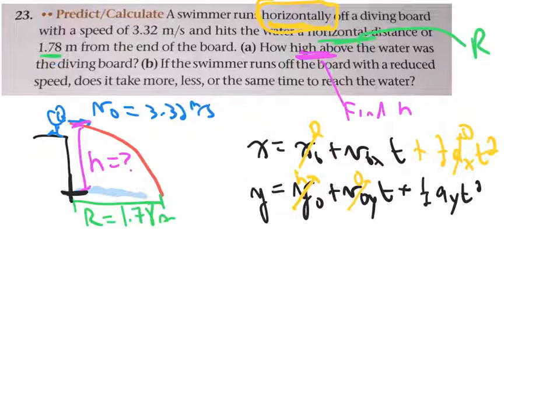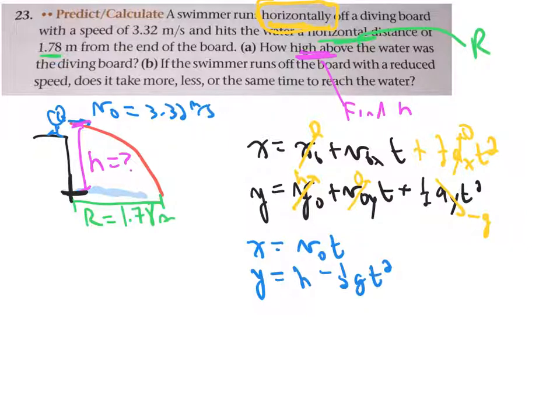And then finally, we know that it's in free fall once the person leaves the board, so this is going to be an acceleration of minus g, which allows us to combine these into new equations that read x equals v0 t and y equals h minus 1/2 g t squared. You'll see these equations a lot in cliff running problems because they generally reduce to this sort of form.